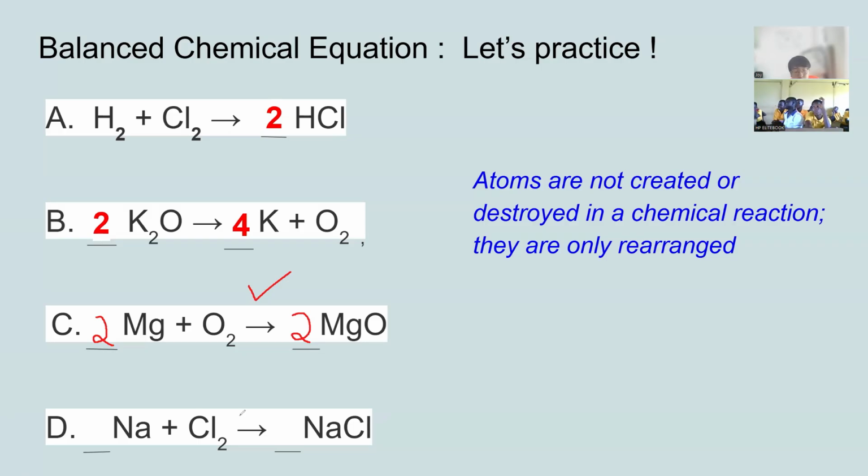Now finally, we have this. So we need 2 Cl on the right. So Cl's are equal. But then this turns into 2 Na. We get 2 Na. So we need 2 on the left.